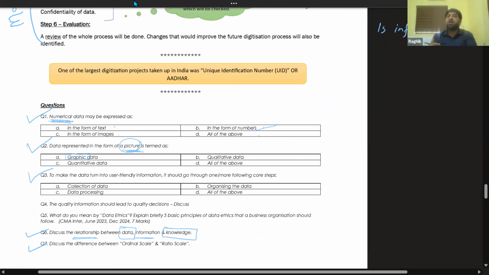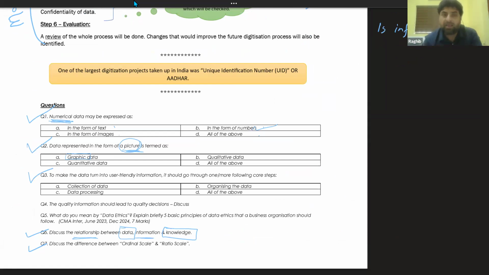Just for our information, and that information is available in the institute study material too, I have mentioned it over there. One of the largest digitization projects taken up in India was the UID, or Aadhaar.